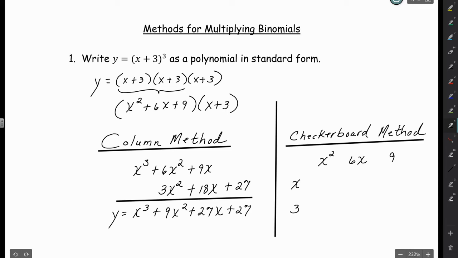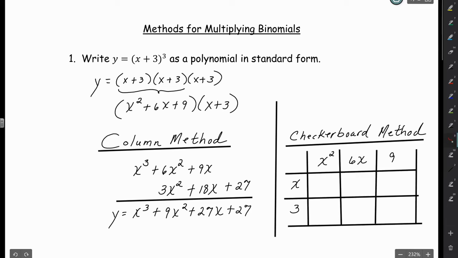And now we're going to make a checkerboard. Now we're going to multiply x times every term across the top. So x times x squared is x cubed, x times 6x is 6x squared, x times 9 is 9x.